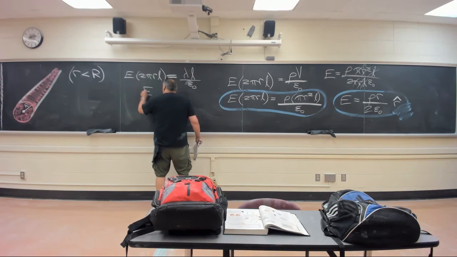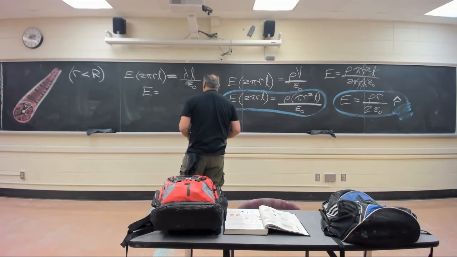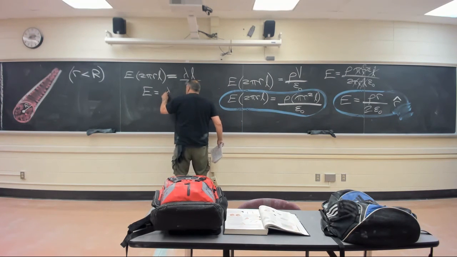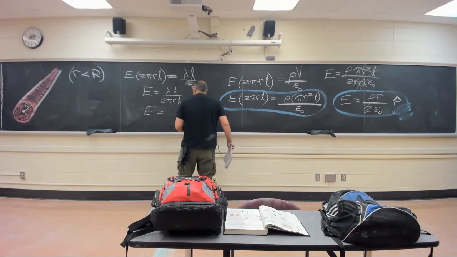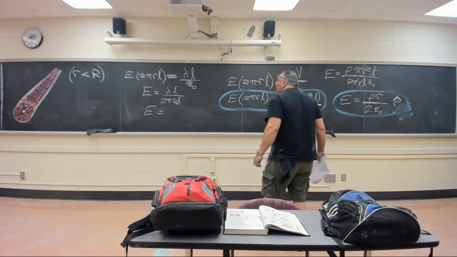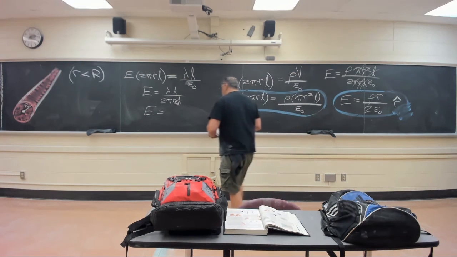Divide by 2 pi r L on each side. The L's cancel, right? Sorry, guys, there should have been an epsilon naught right there as well. Divide by 2 pi r L on each side, and we get that.